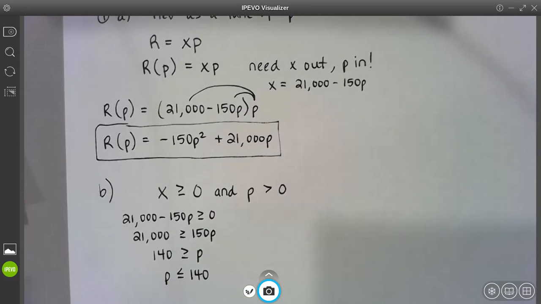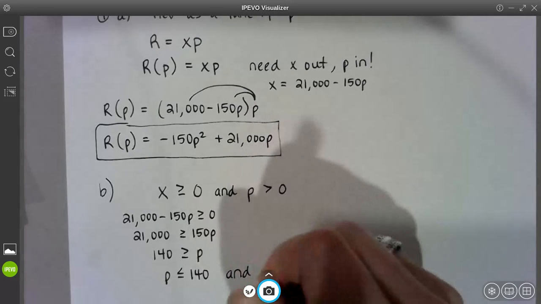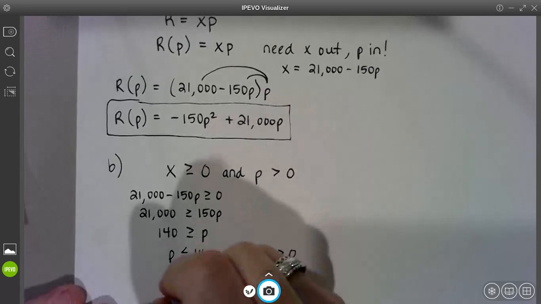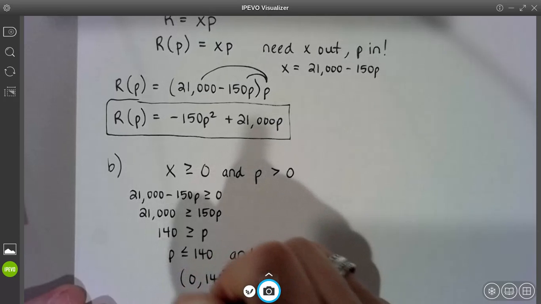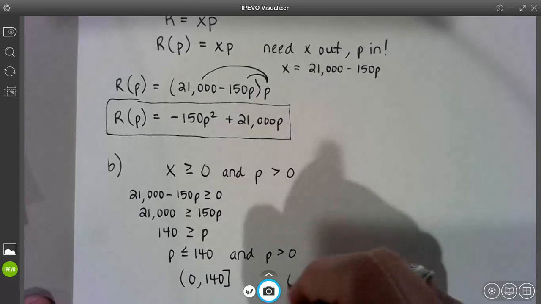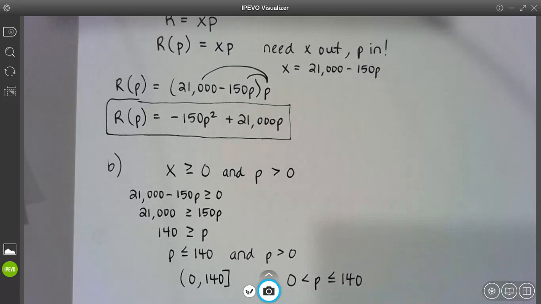So the price of the calculator has to stay below or equal to $140. And P has to stay above 0. So if you write this as an interval, P has to be in between 0 and 140. If you write it as a sandwich, then P is in the middle of 0 and $140.